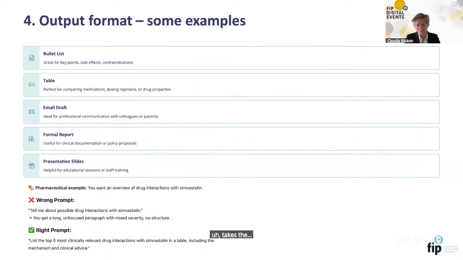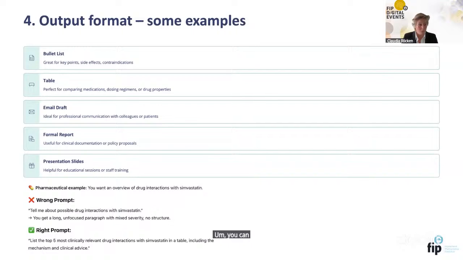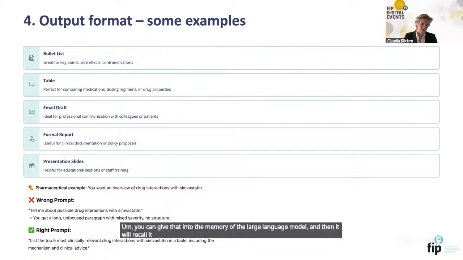And then it takes your ideal email or your ideal letter format, whatever, or it could also be a standard operating procedure. It takes that as a best practice, and then comes up with an output that follows the structure within the best practice. And if you have a paid version of a large language model, you can give that into the memory of the large language model, and then it will recall it every time that you ask a question.